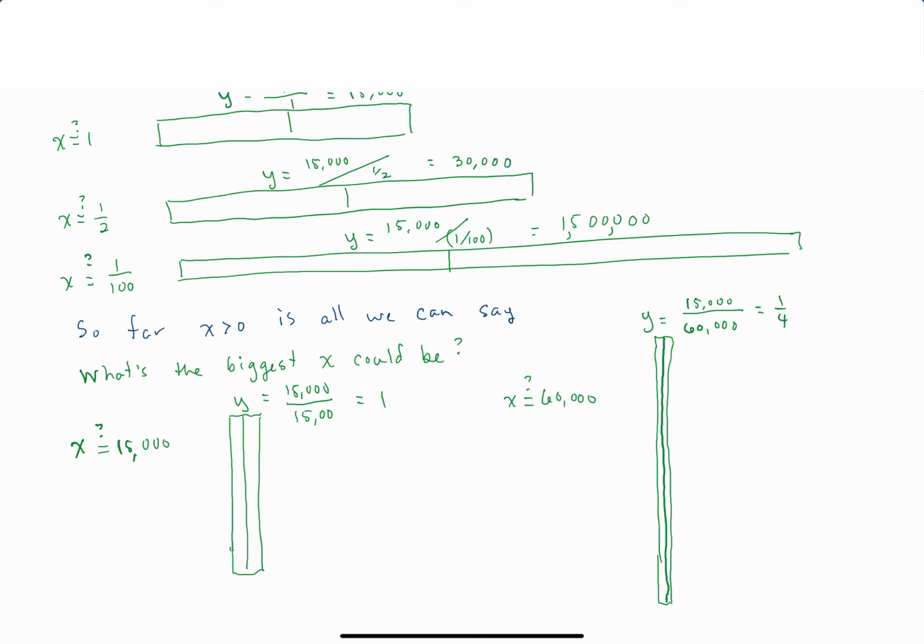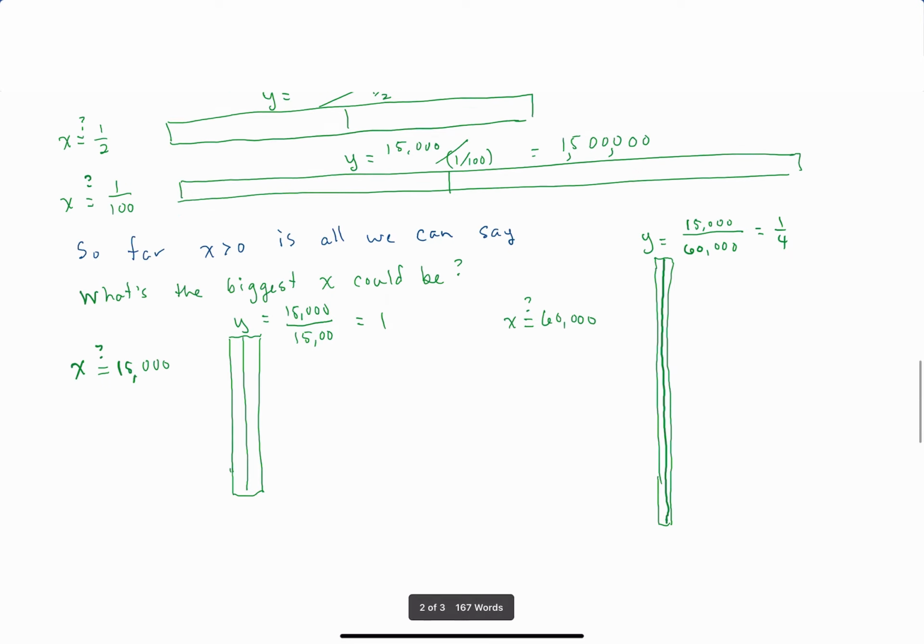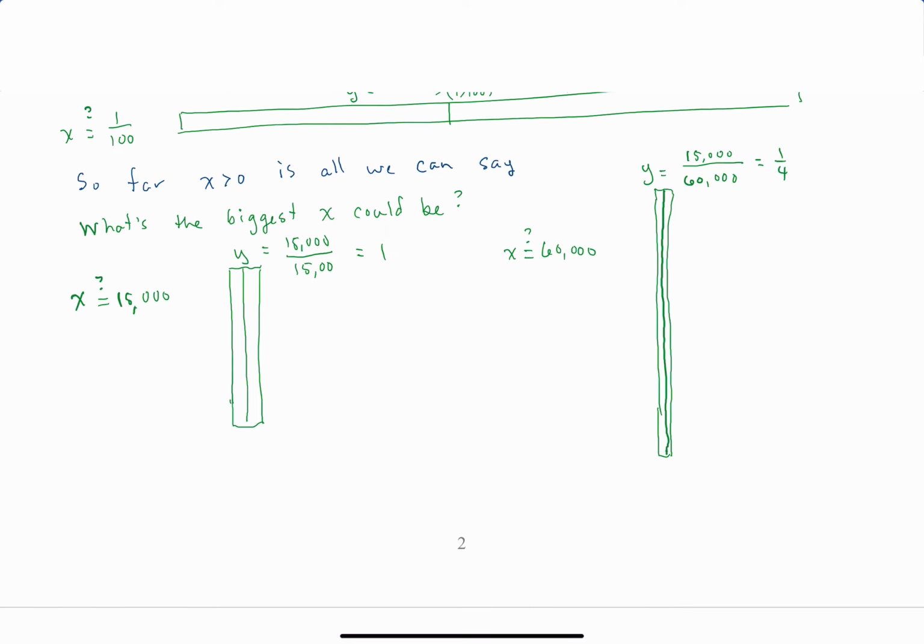We don't know what's the smallest y could be, and so we don't know what the biggest x could be either. So at this point, x can be any positive number, no matter how large.